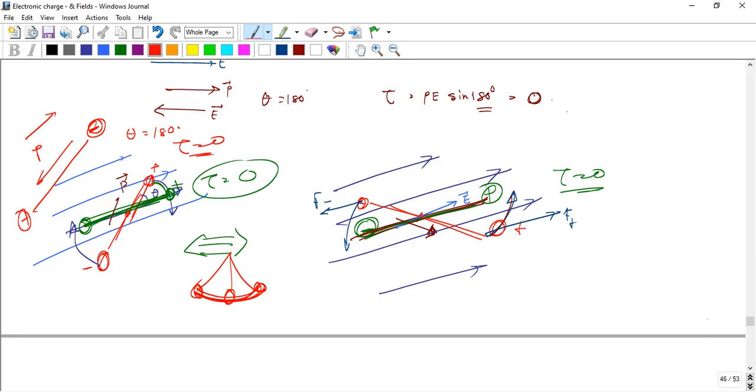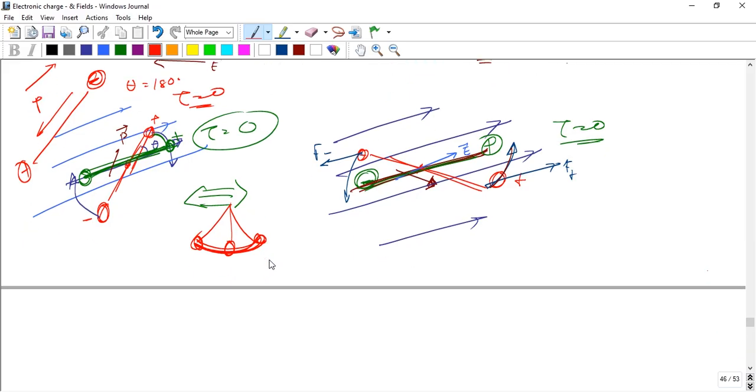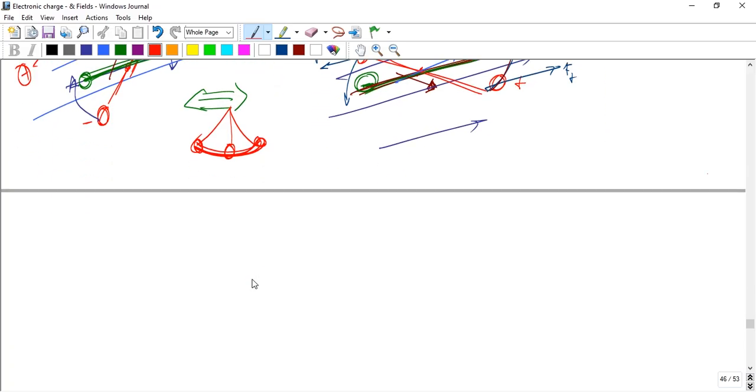So if energy is introduced into this oscillation, there is a potential energy associated with the orientation in the electric field.